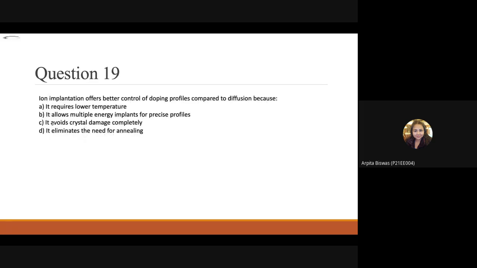Ion implantation offers better control of doping profiles compared to diffusion because it requires lower temperature, it allows multiple energy implants for precise profiles, it avoids crystal damage completely, or it eliminates the need for annealing.